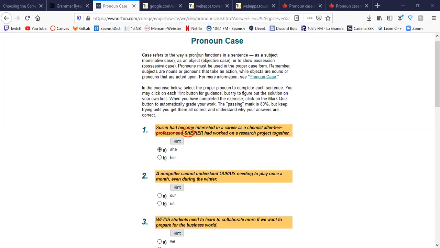So it can only be she. It can't be her. Her makes no sense here. So again, if you have 2 or more subjects, just remove the other subjects and then you have your answer. Only she can work. So now that you know that, let's go to the next question.